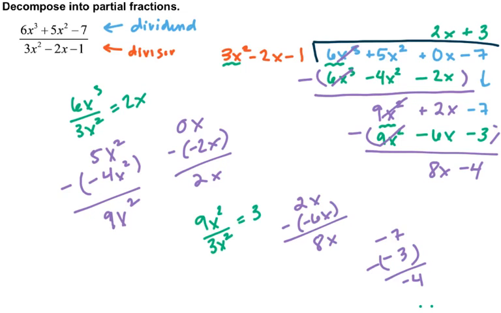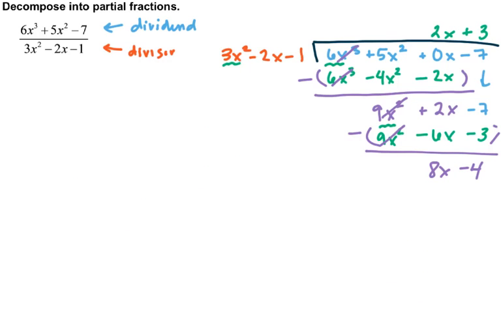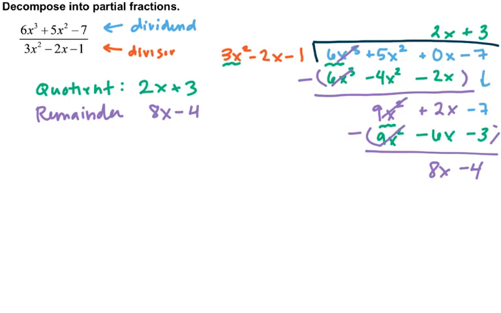So I'm going to pause, erase my scratch work that I did here so I have more room for working this problem out. And so what I've determined here is that I have a quotient, which is 2x plus 3, and then also a remainder, 8x minus 4.